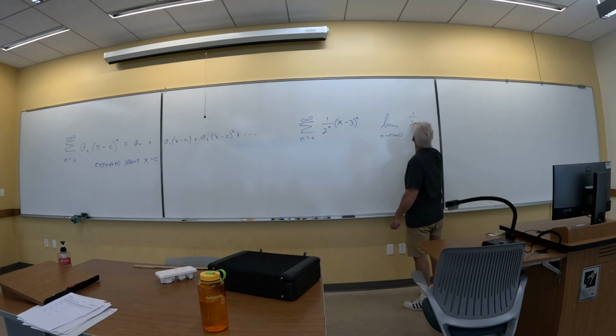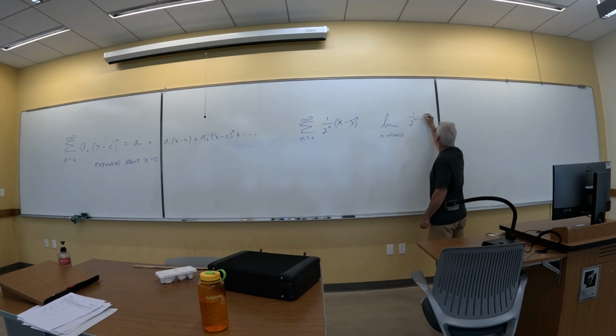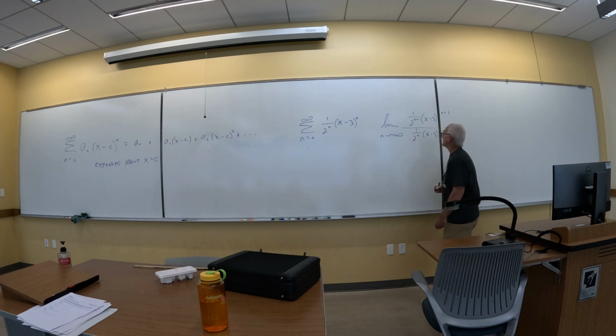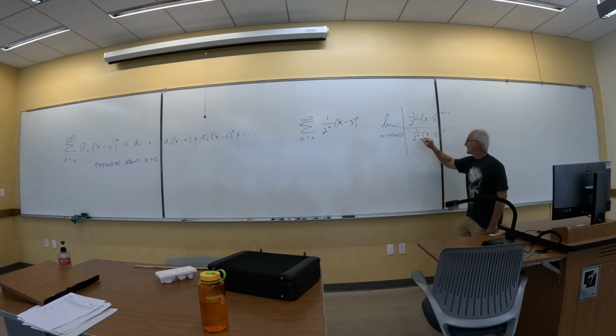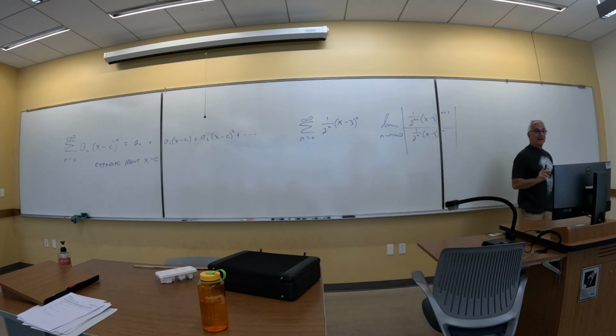That would be 1 over 2 to the n plus 1 times (x minus 3) to the n plus 1, over 1 over 2 to the n times (x minus 3) to the n, in absolute value. If I don't use the absolute value, then I will not get the right answer, well, ever. I will always get the wrong answer because I've completely changed the nature of the solution. No, there has to be an absolute value there, always, because the x isn't bounded yet. We have to figure out what x's make this true.